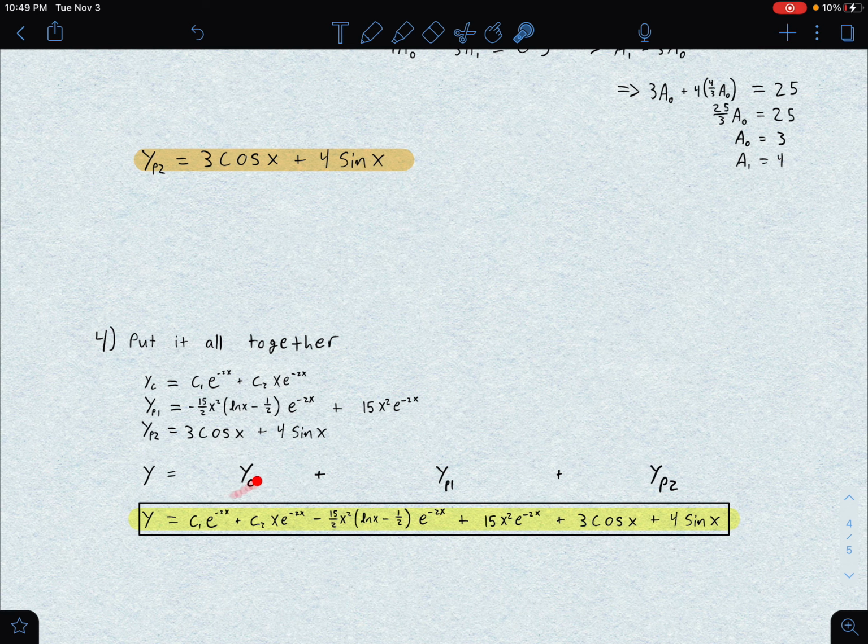So our yc, our complementary solution, is just c1 e to the negative 2x plus c2 x e to the negative 2x, plus our first particular solution, which was negative 15 over 2 x squared times natural log of x minus a half times e to the negative 2x plus 15x squared e to the negative 2x, plus our second particular solution, which was 3 cosine x plus 4 sine x. And that is our final solution to this particular differential equation.